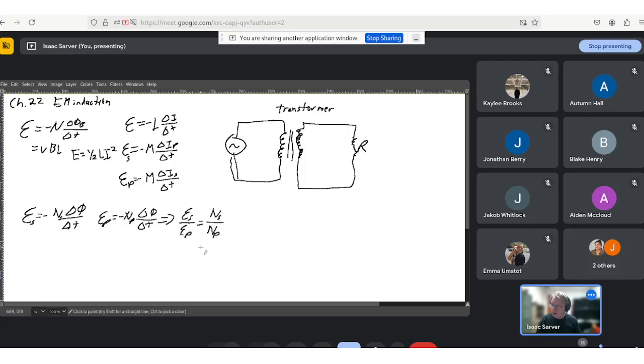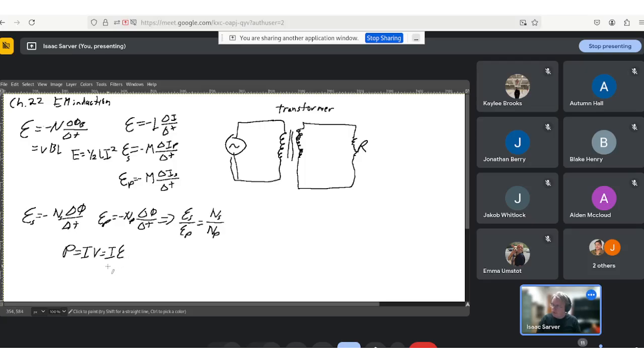Okay. Well, another thought here is that power is equal to I times voltage, and electromotive force is a voltage, so that can go right there.